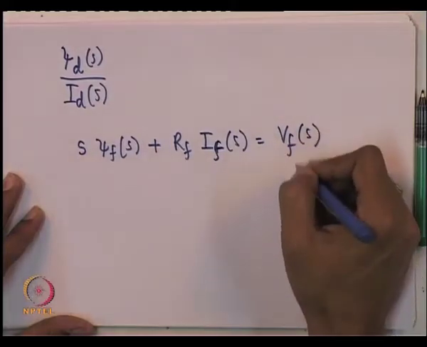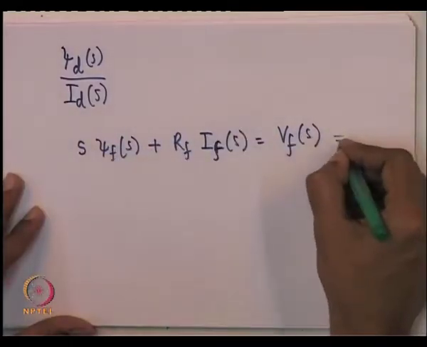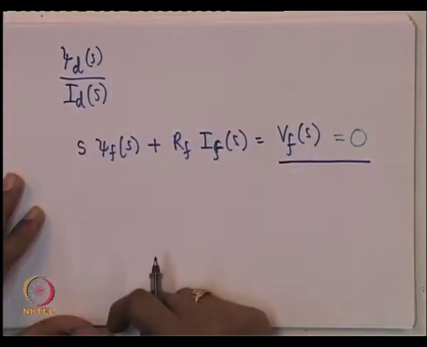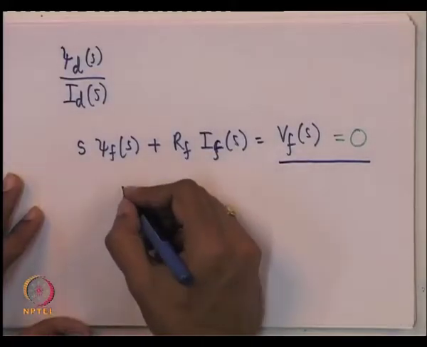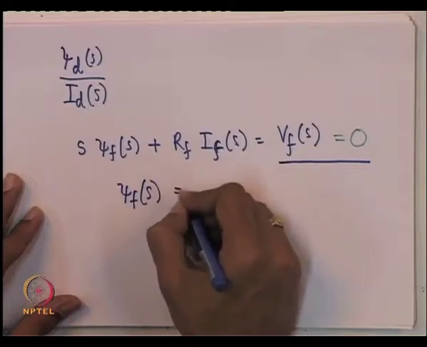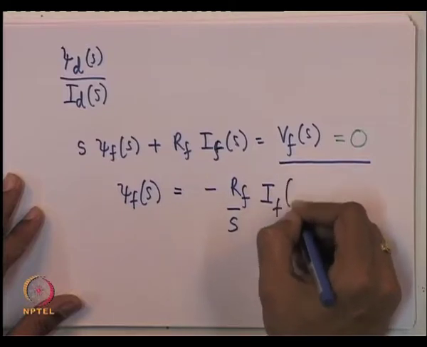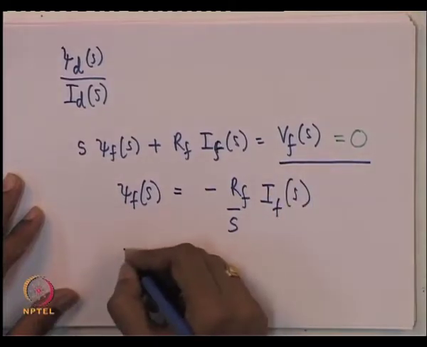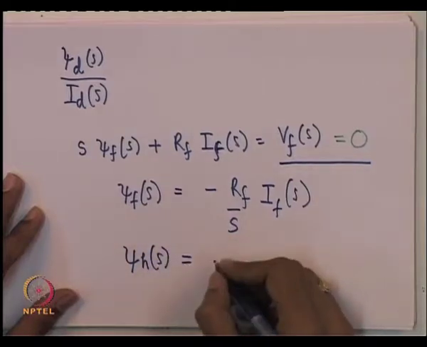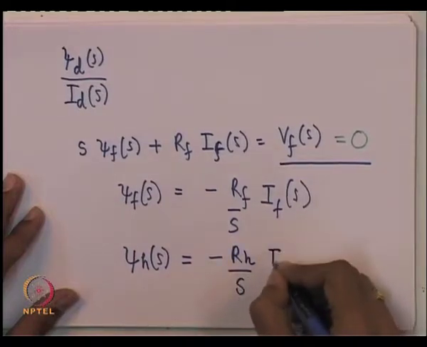Now, of course, if the voltage applied to the field winding is 0, in that case we set this equal to 0. Okay. In such a case, you will have psi f of s is equal to minus R f by s into I f of s. Similarly, for the other equation, the differential equation in psi h of s, if you take the Laplace transform, you will get minus of R h upon s into I h of s.